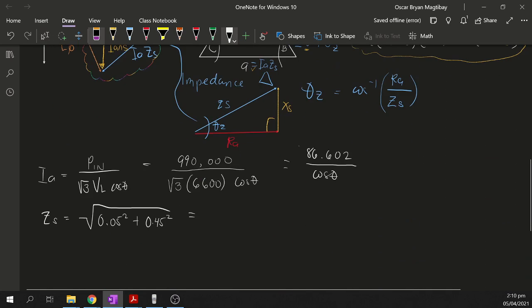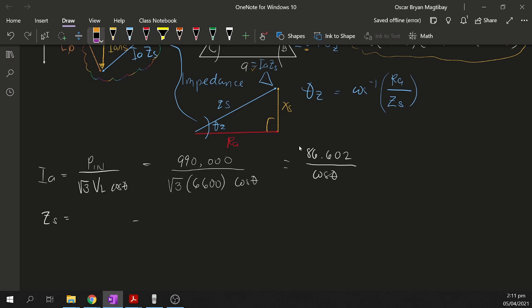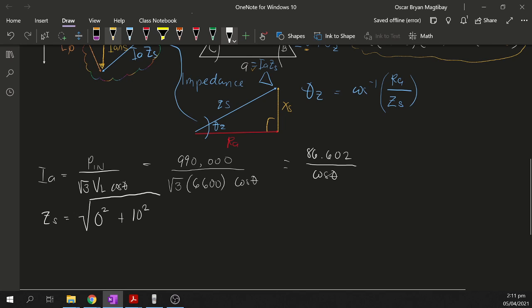Burahin natin to. ZS is equal to RA squared, so this is 0 squared plus 10 squared. Ano, sir? Ano yan? This is RA and this is XS. So, ZS therefore is actually our XS. Ano? 10 ohms.